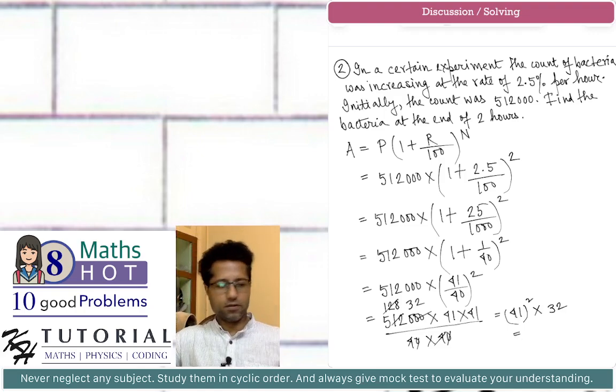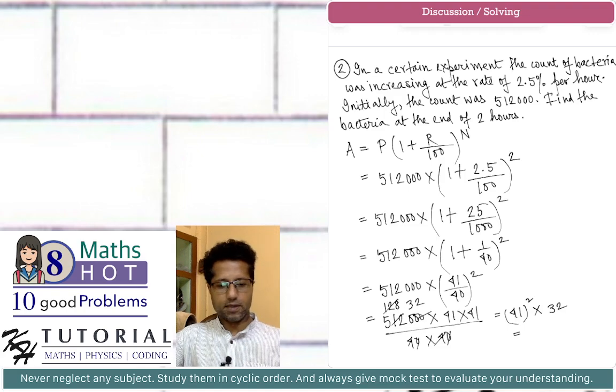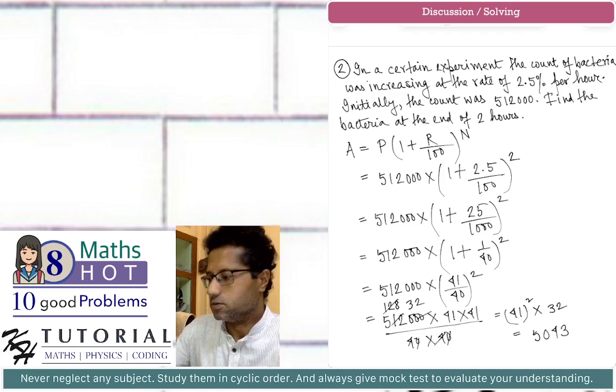I'm really sorry for this, but you should be able to do all this kind of calculation by hand yourself. So 41 multiplied by 41 is this, multiplied by 32 is 5043. So this is the count of bacteria after 2 hours.